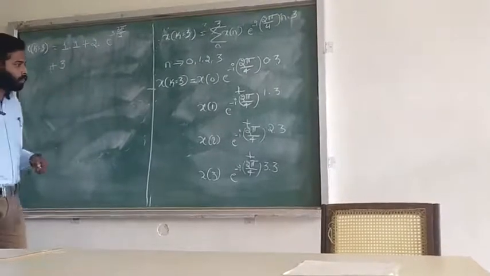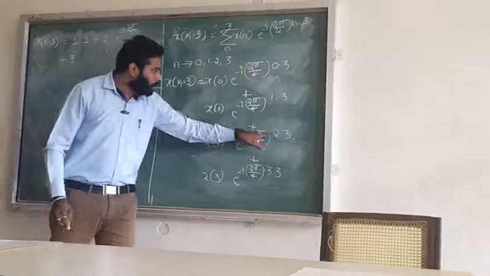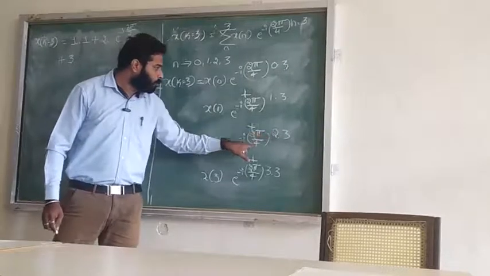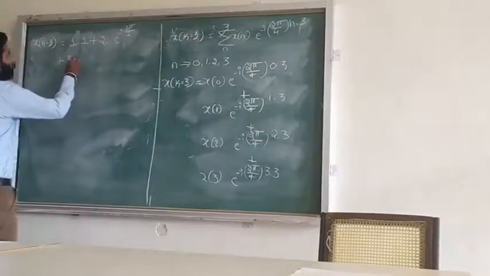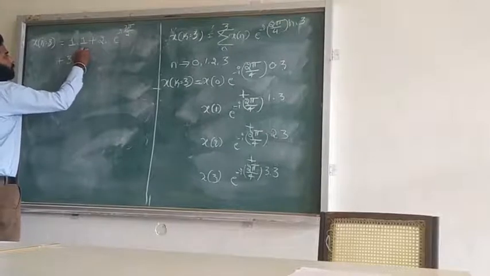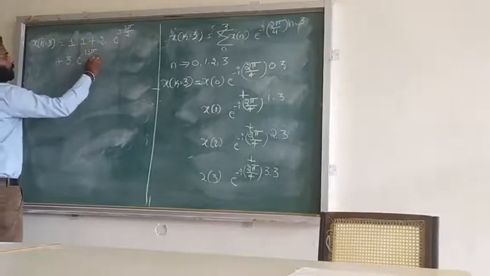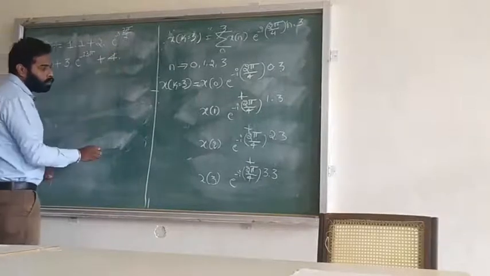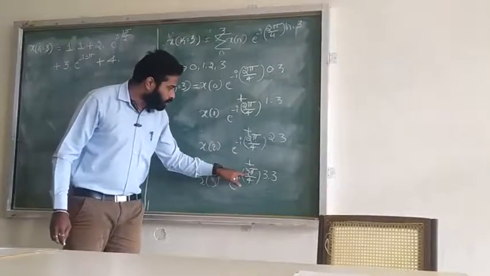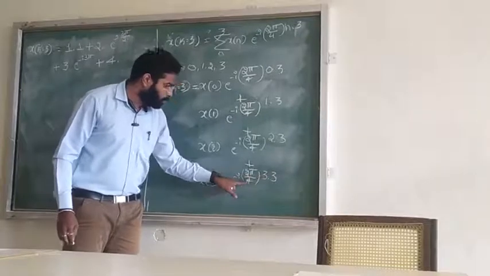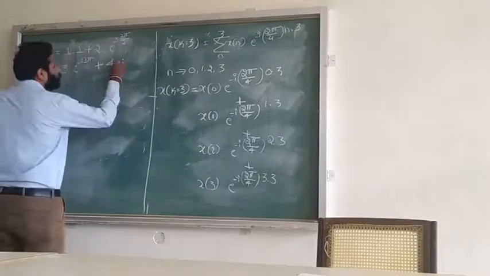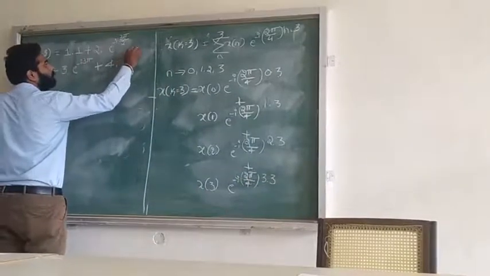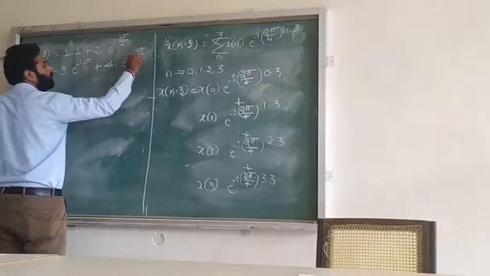X of 2 is 3. E raised to 2 and 2 cancels. 2 2s are 4, 4 pi is 3 pi. E raised to minus i into 3 pi. Okay. Plus x of 3 is 4, 4 into 9 pi by 2, again this is 3 3s are 9, 9 pi by 2, right. E raised to minus i 9 pi divided by 2.